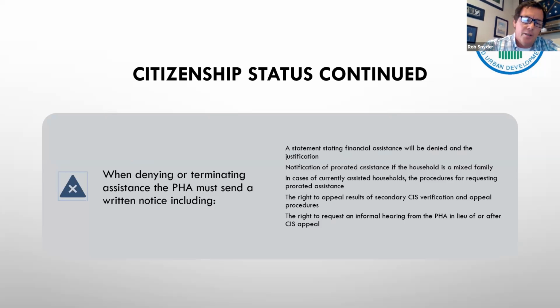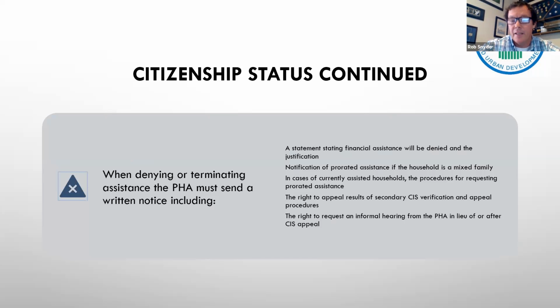Finally, when the housing authority needs to terminate or deny assistance for citizenship status, here are some things that must happen to keep the housing authority in good standing with compliance.